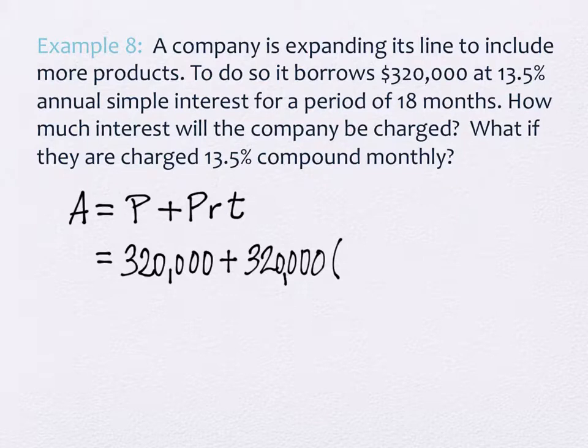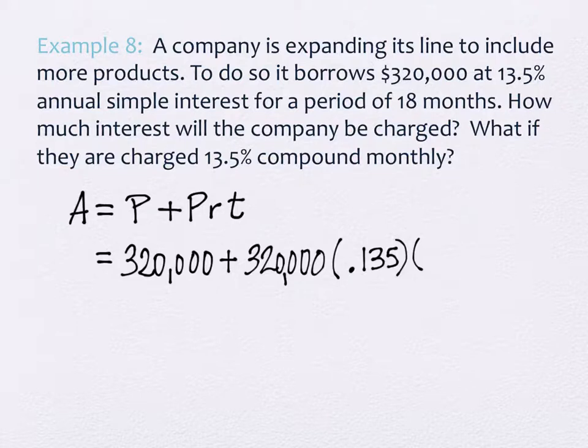Times R. What is R? It's the 13.5%. So how would I write 13.5% as a number instead of as a percent? The decimal moves 2 to the left. This is 0.135. And I will multiply that by the time.